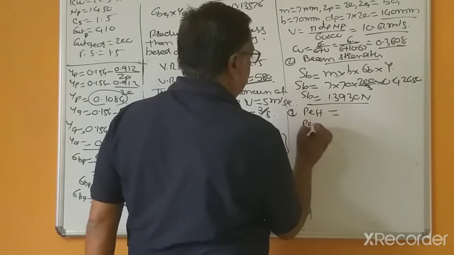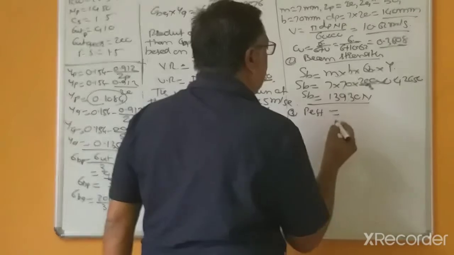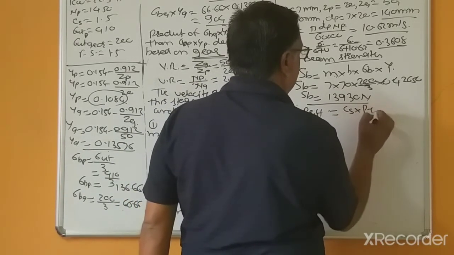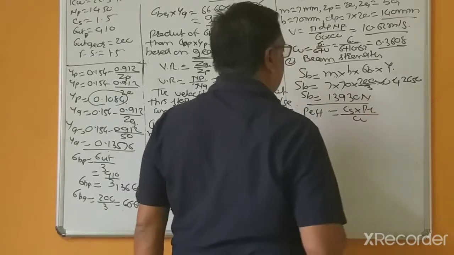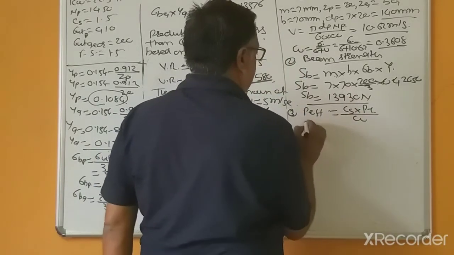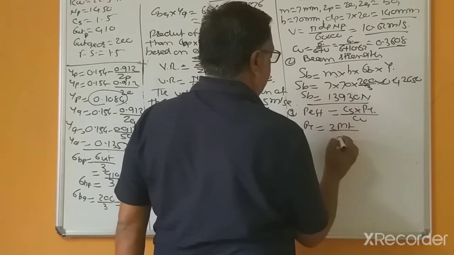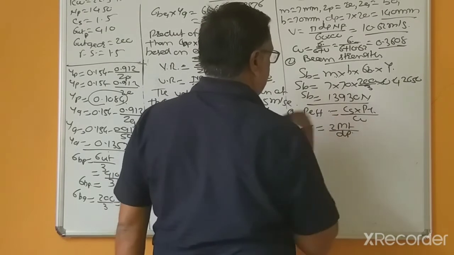So effective load equal to, what is formula? CS into PT divided by CV. So we require PT. So PT equal to 2MT divided by DP.